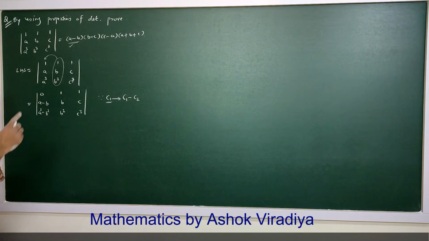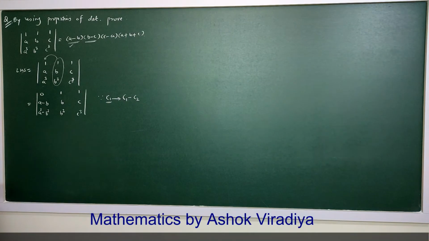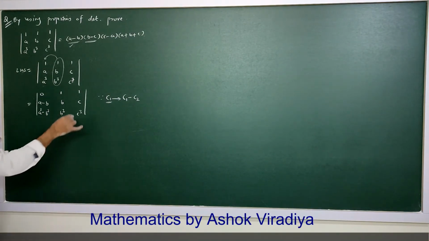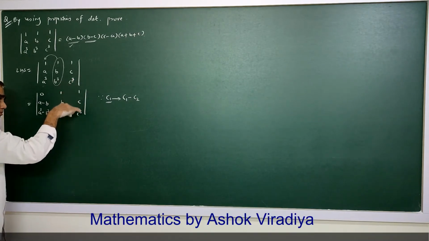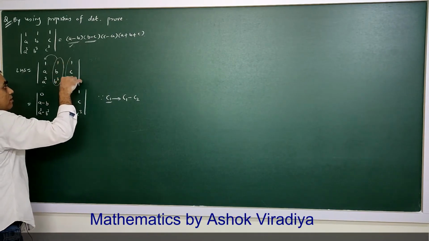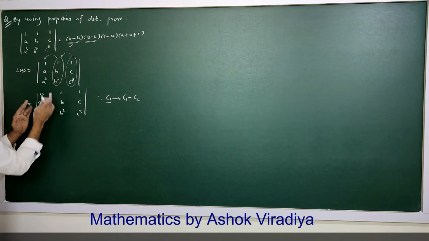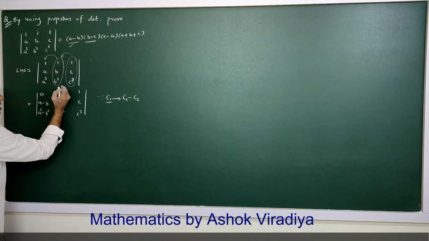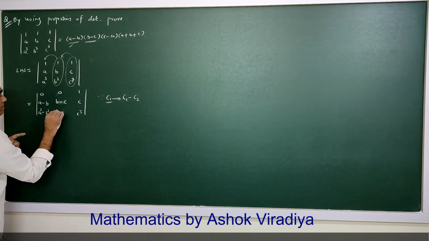Now observe B minus C. This can be done here. So if we subtract the third column from the second column, then in the same step, here 1 minus 1 is 0, B minus C. So here I am putting B minus C, B cube minus C cube.